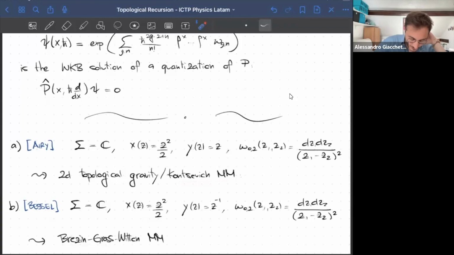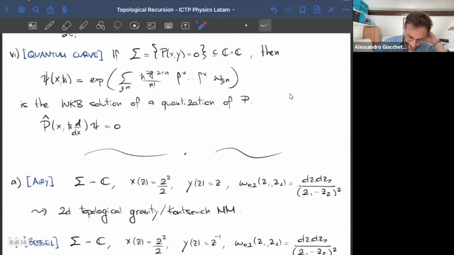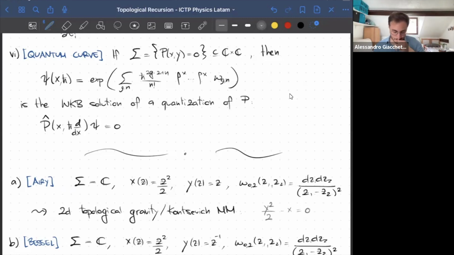And the reason why this is called Airy is essentially related to this fact here, because you can see that in this specific case, if you take x and y to be these two functions, they satisfy a very specific equation. If you take y and you square it and you divide by 2, this is equal to x. So the equation satisfied by x and y is this equation here.